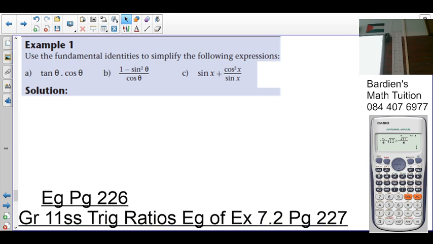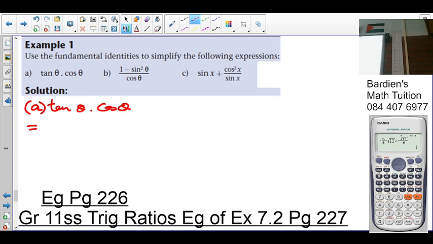Let's look at the first one, A. We have tan theta multiplied by cos theta.